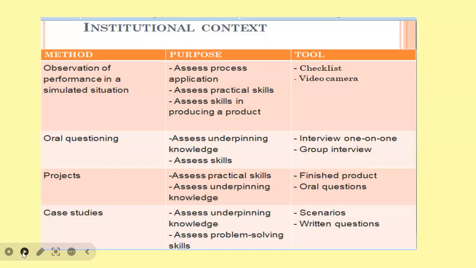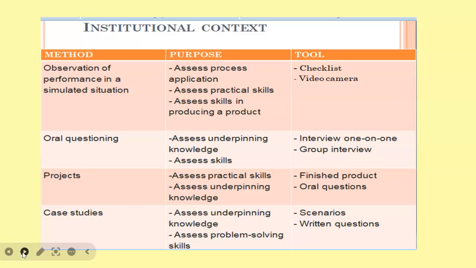Let's look at each of these contexts and then look at the methods, the purpose, and the tools that are used. Where we have institutional context, we can have observation of performance in a simulated situation, and the purpose is to assess practical skills that could be aimed at assessing either a process or production of a product, and you can use a checklist or a camera.